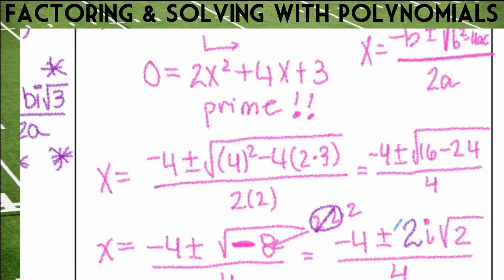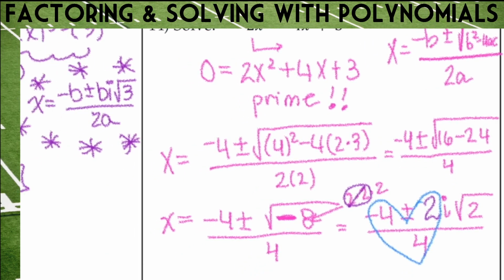Now to reduce, you want to make sure that you can reduce from everybody. What number can I reduce from everybody? Not in the radical. He's protected in his little radical. So I'm going to reduce a 2, okay? x equals negative 2 plus minus i root 2 all over 2.